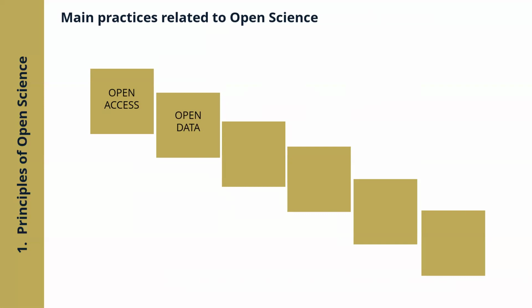Refers to making the research data freely available to anyone to use, reuse, and redistribute with minimal or no restrictions. It's a fundamental principle in open science and is the key for promoting transparency.